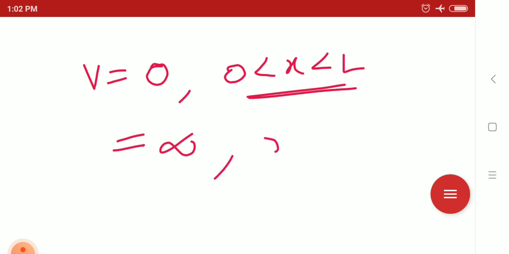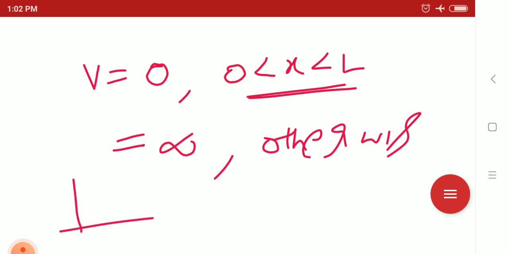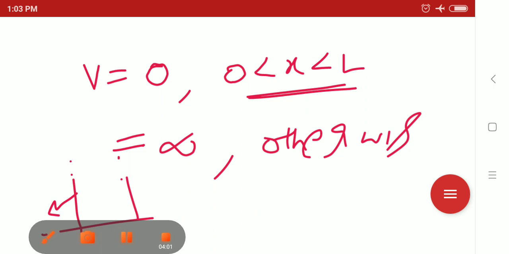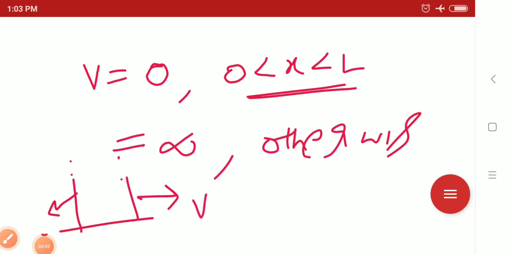Why infinite otherwise? Because here you have drawn the infinite potential well, so here V is infinite. But inside the box, V is not infinite. Inside the box, the potential of the particle is 0.